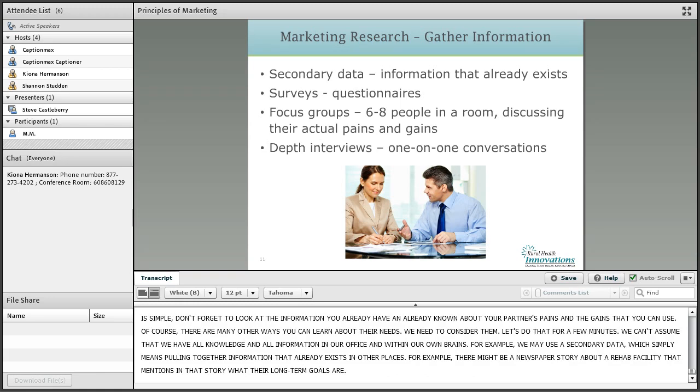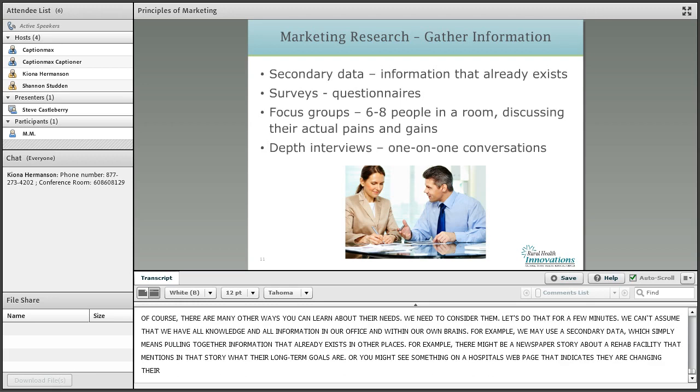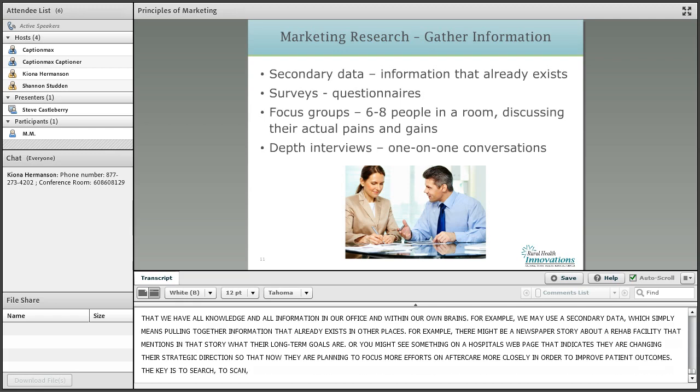For example, there might be a newspaper story about a rehab facility that mentions in that story what their long-term goals are. Or we might see something on a hospital's webpage that indicates that they're changing their strategic direction so that now they're planning to focus more efforts on aftercare more closely in order to improve patient outcomes.